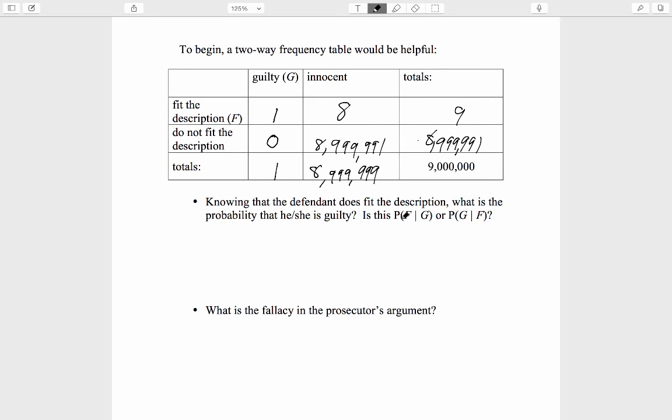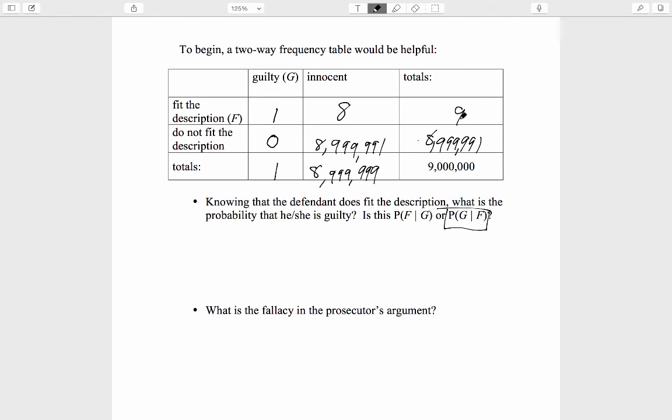Is this the probability of F given G, fits the description given guilty, or the probability of G given F, guilty given fitting the description? It is the probability of G given F. Why? Because this restrictive phrase, knowing that the defendant does fit the description, limits the set of people we're investigating to the 9 who fit the description. This is the probability of G given F.